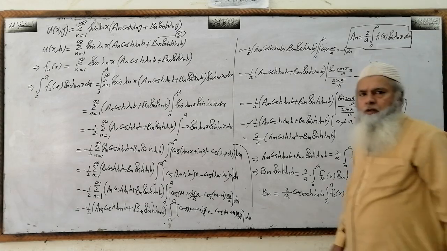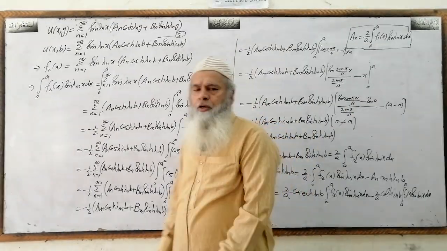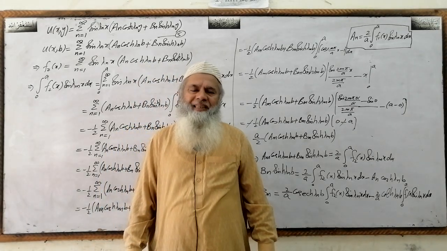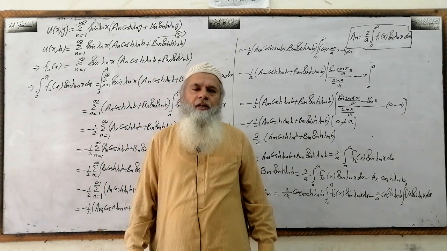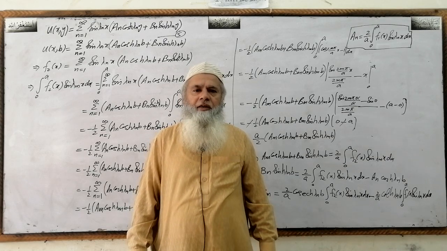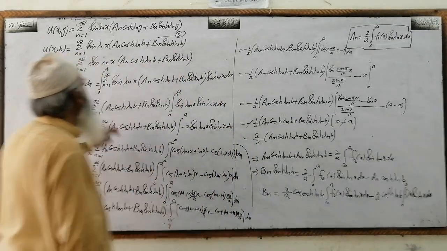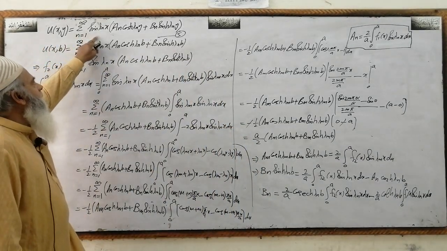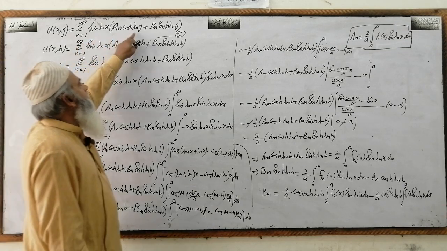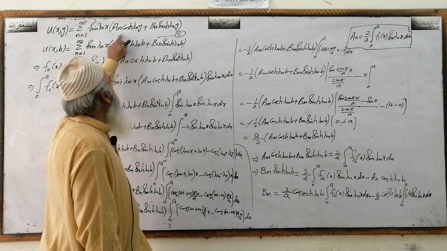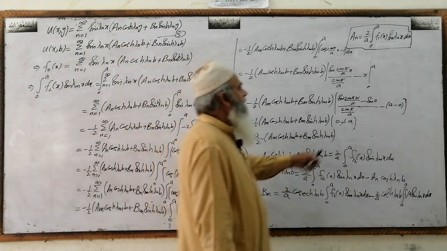Now this gives you the complete solution of the potential equation in the rectangle, or we also say the Laplace equation in the rectangle or potential in the rectangle. Its solution is u(x,y) equals sigma n varies from 1 to infinity sine lambda nx [an cos hyperbolic lambda ny plus bn sine hyperbolic lambda ny], where an and bn are calculated here.